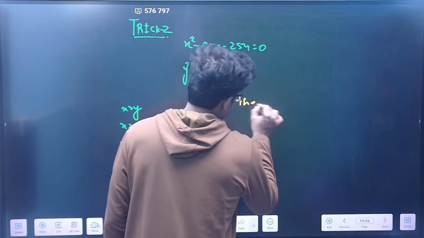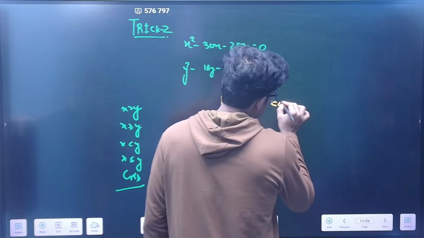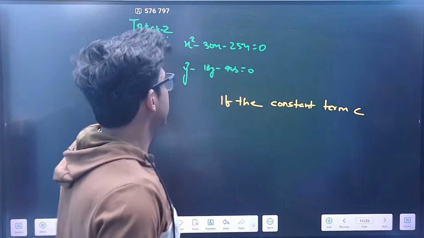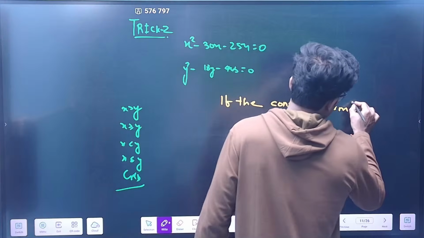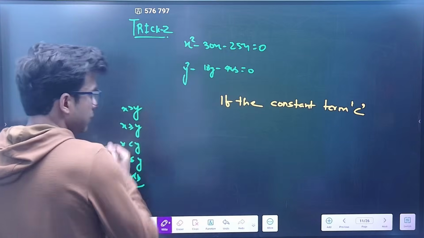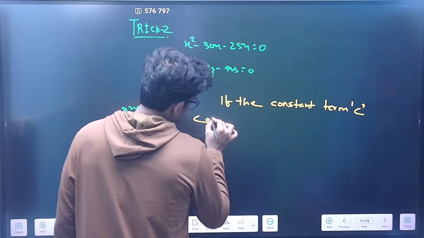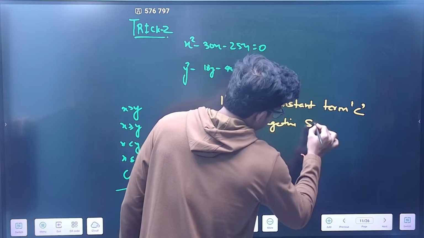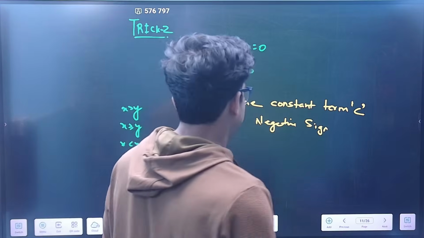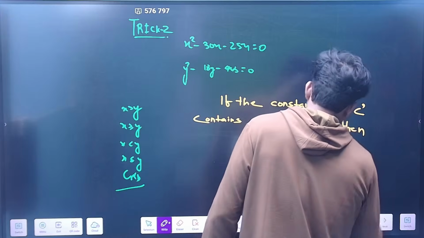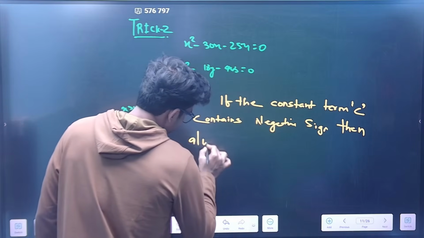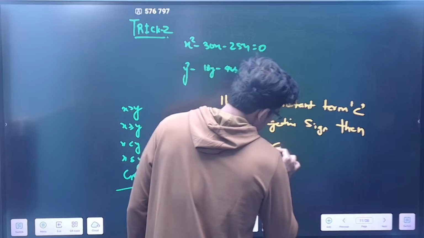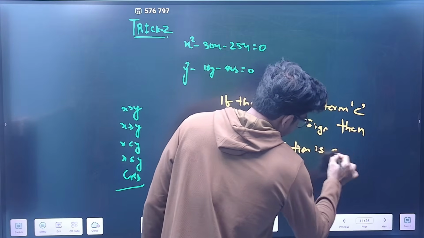If the constant term C, C means this one, contains a negative sign, then always the relation is C and D.